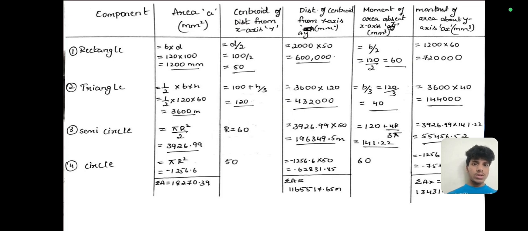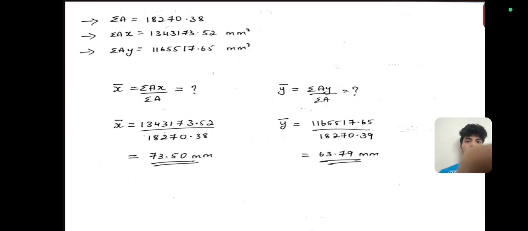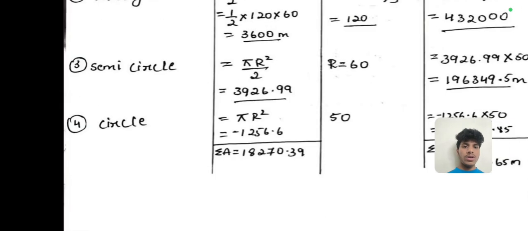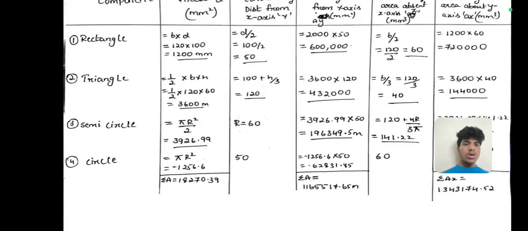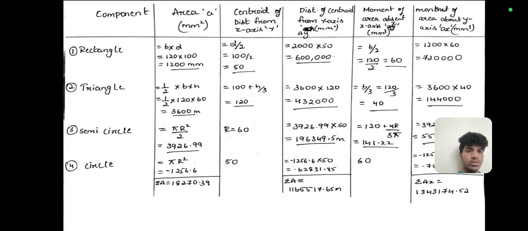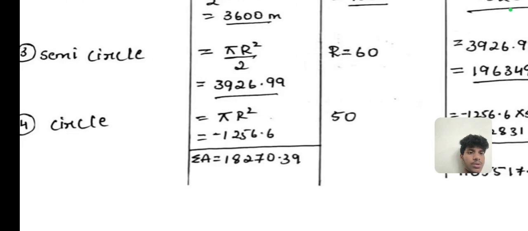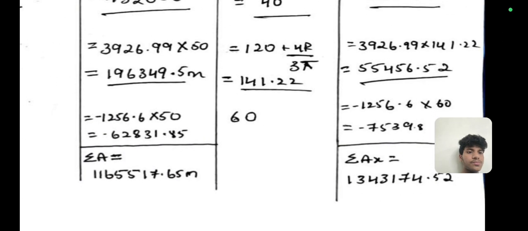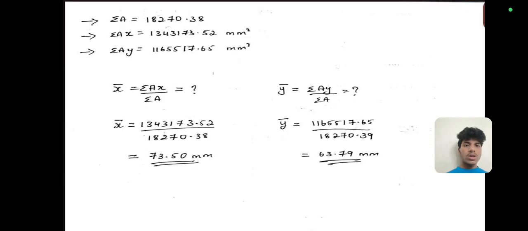So we'll move on to the next step. Now we have summation A equal to 18,270.39, summation A x is 1343173.52, and summation A y is 1165517.65 mm cube.